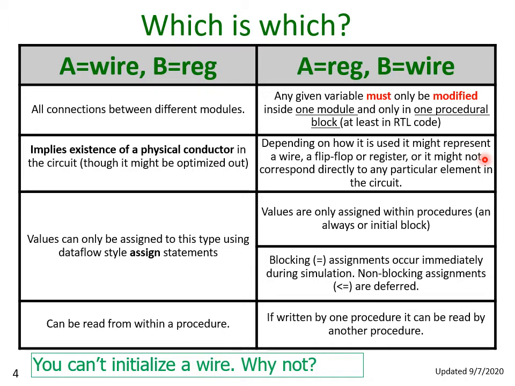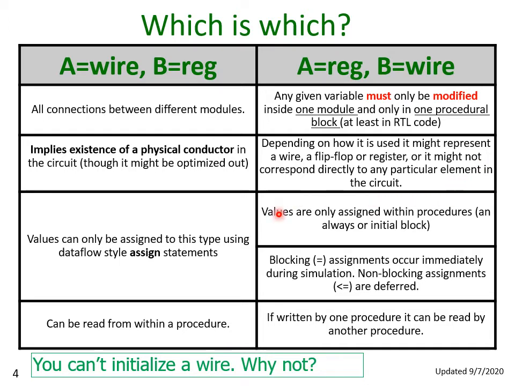Another way this can happen is, for example, you can have for loops in the procedural code, and the index variable for the for loop usually just disappears in the final circuit because each iteration of the for loop in Verilog ends up just corresponding to another copy of the circuitry required to implement the contents of the for loop. Again, this is something you'll see examples of.